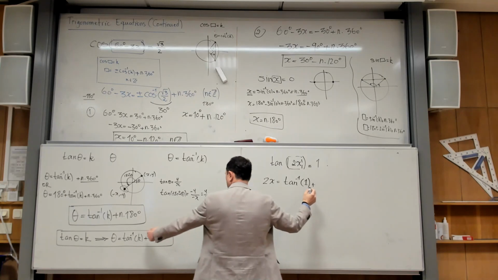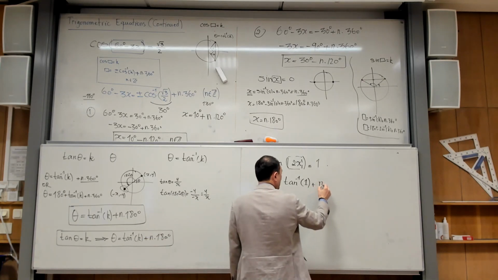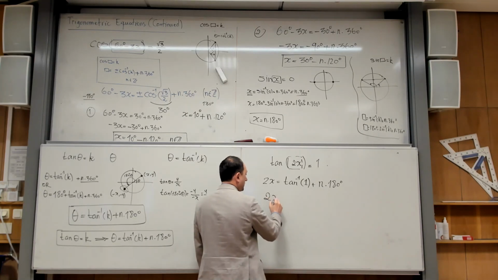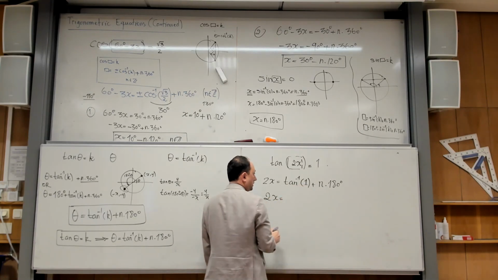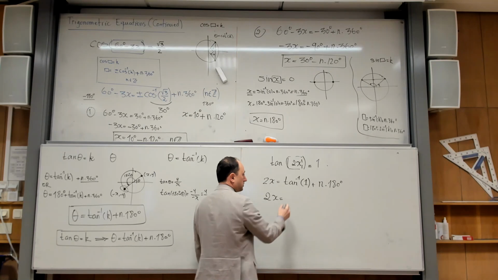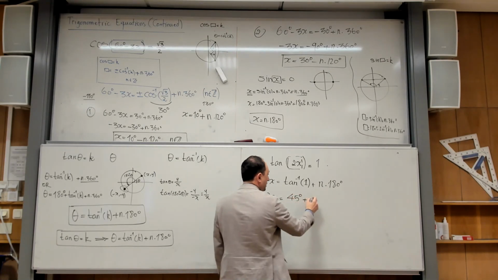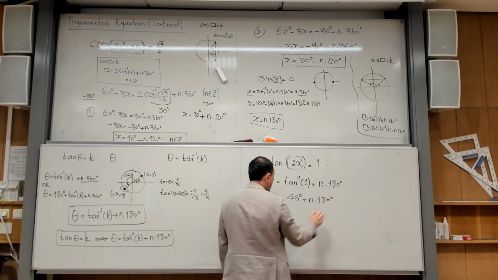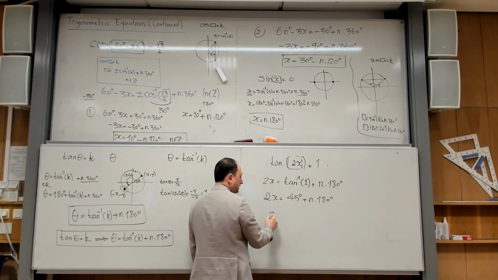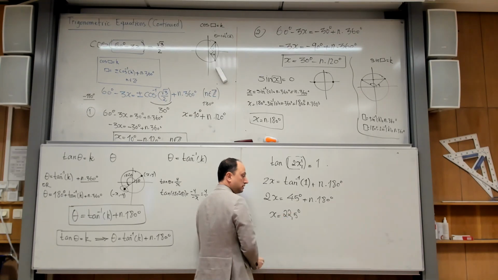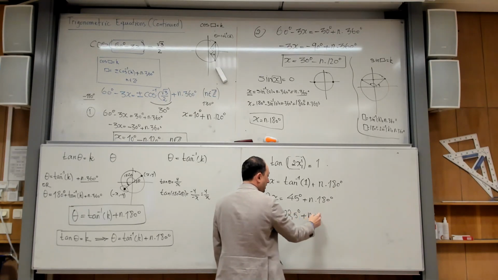But if I am using this formula, I don't need to write two formulas, I just write 180 degrees here. And then this 2x becomes tangent inverse of 1, which is a famous angle, I have it in my memory, so it's 45 degrees. And then plus n times 180 degrees. And then you want to find x, so you divide everything by 2. This becomes 22.5 degrees, and then this becomes n times 90 degrees.